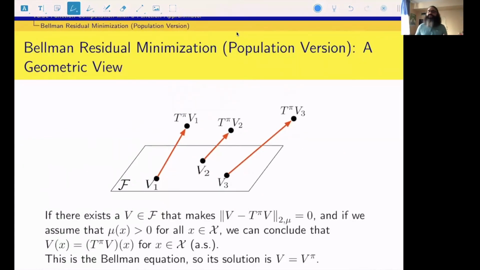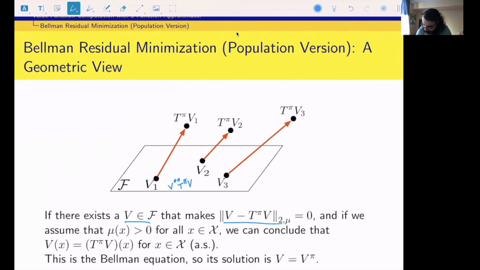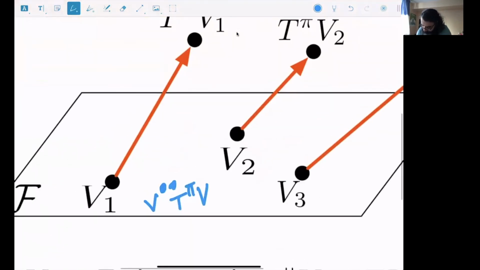Just imagine that suppose there exists a V such that V minus T pi V is equal to 0. So it means that we start from this point and we get to the same point. I've shown some little distance between them, but suppose this distance is equal to 0.